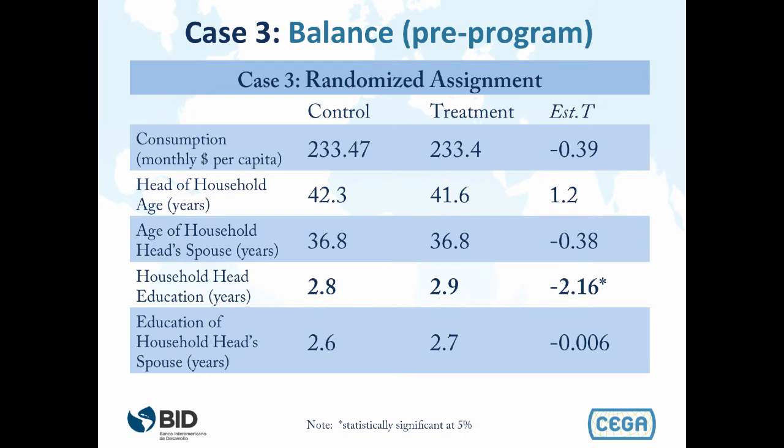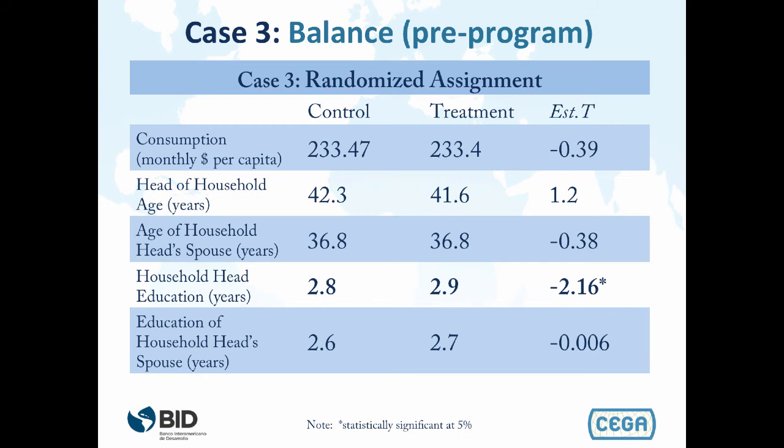In the control group, the mean was 233.47. In the treatment group, it was 233.4. And the difference was 0.07 with an estimated t-statistic of minus 0.39. So we cannot reject that the means were equal at baseline.